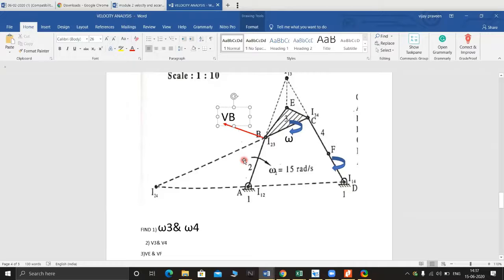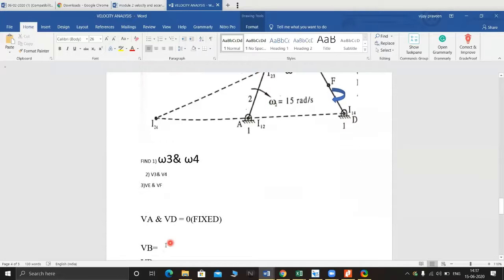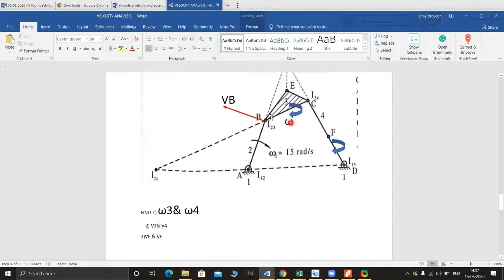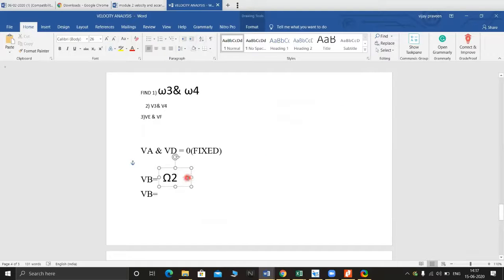That is, absolute velocity will be omega times R. With respect to this fixed point, R is nothing but AB and omega is nothing but omega 2. Therefore, this VB is equal to omega 2 into AB, or we can call it VAB, or only V, with respect to link number 2.